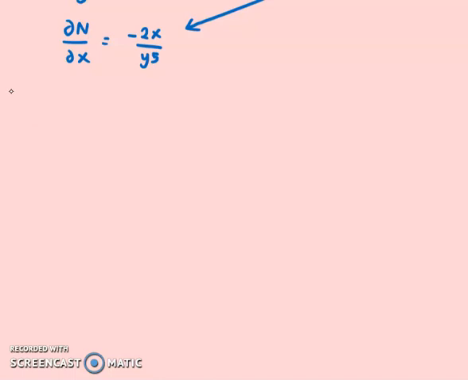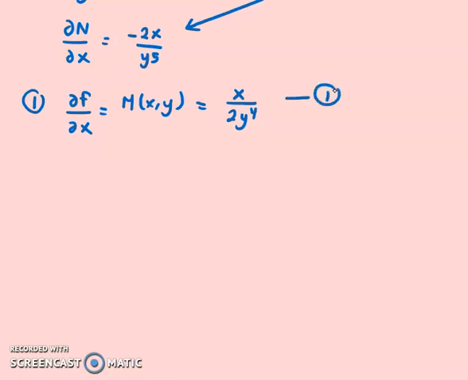So step number 1 is to write partial f over partial x equals M of x,y, which is x over 2y^4, and write this as equation 1.